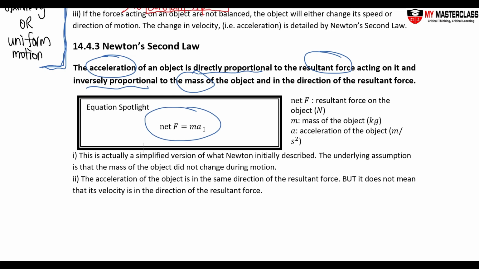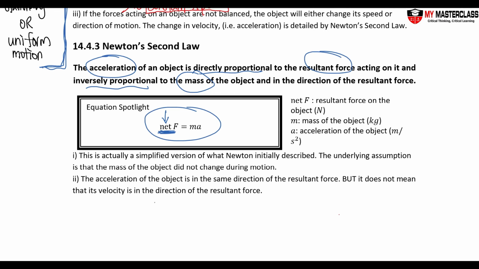For this, I highly suggest all students write in the word net here rather than just write F equals ma, to remind yourself that this formula only works for resultant force. So the net force must be the resultant force.